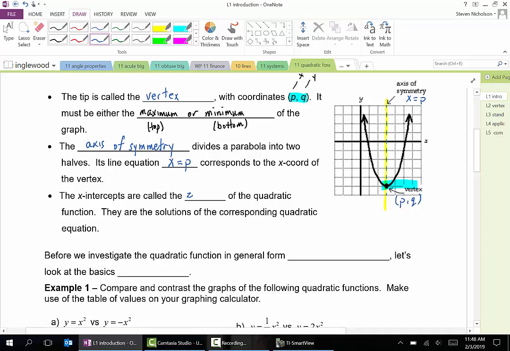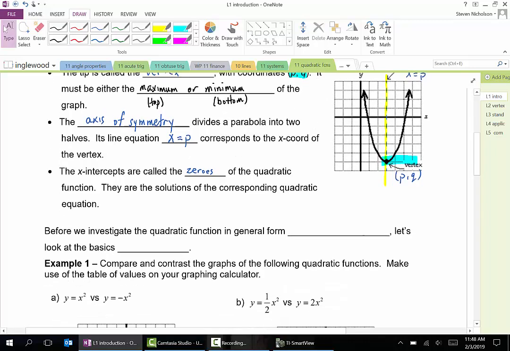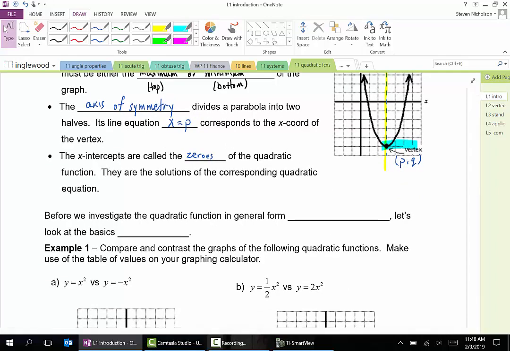One thing we need to recognize right now, looking at this simple picture, is that there may be two x-intercepts, whereas a line usually has only one. These are the basic ideas we're going to look at today.